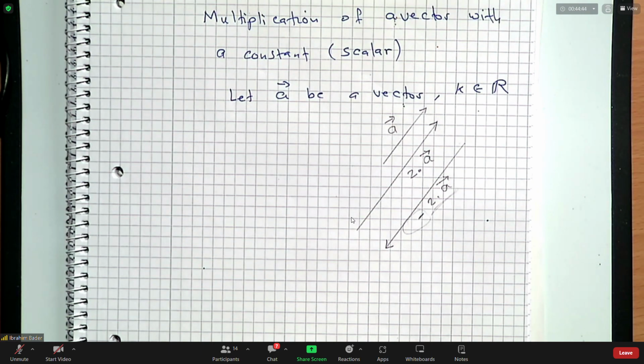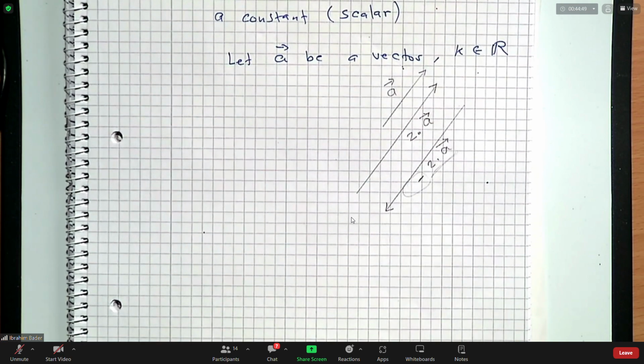Now let's put this in words. Here we need to distinguish.